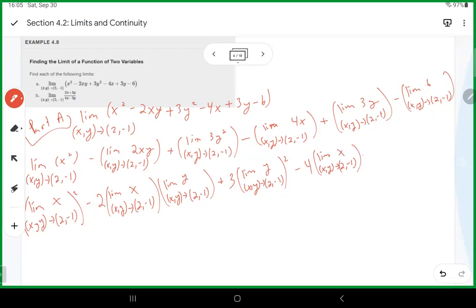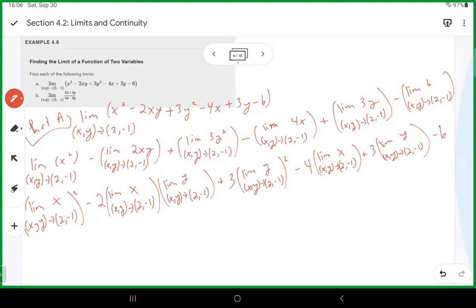And then plus the 3 is pulled out, the limit as (x, y) goes to (2, -1) of y. They actually rewrite the limit again for this one, but I don't really have the room, so I'm just going to go ahead with the minus 6.